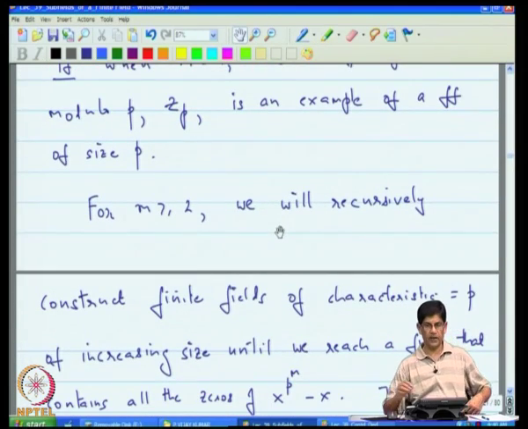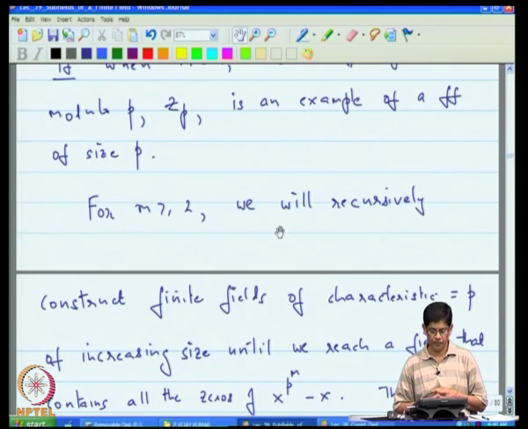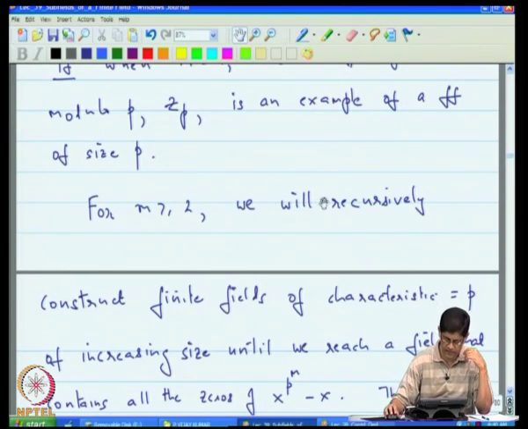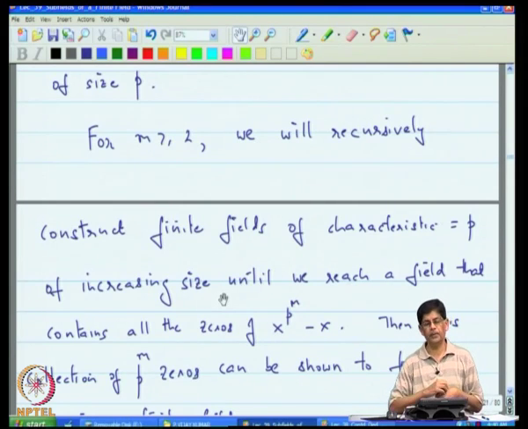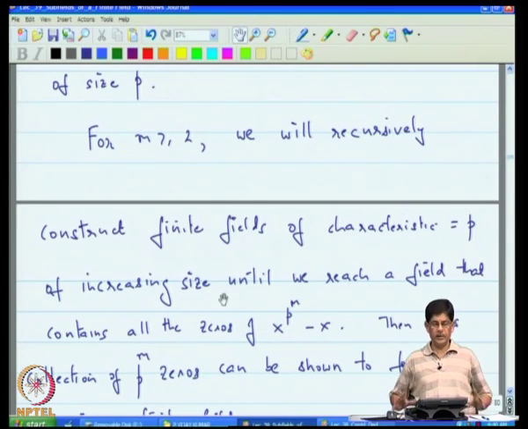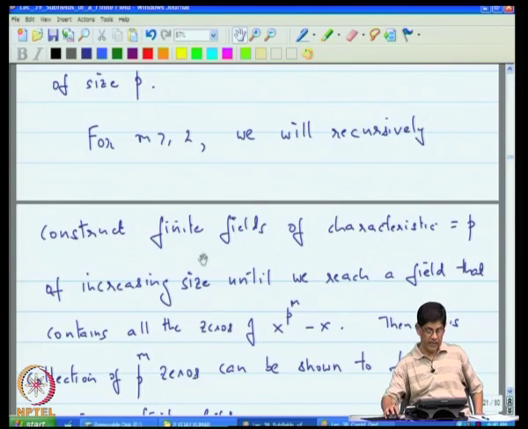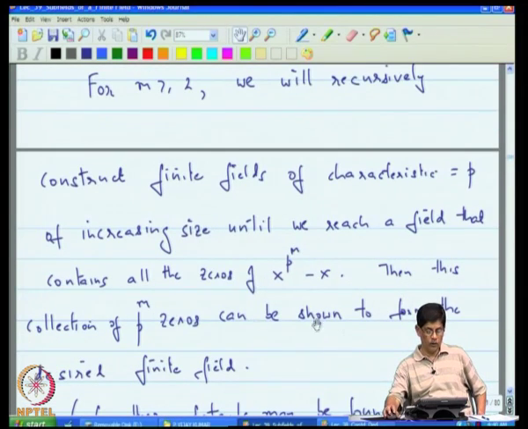So, how do you construct finite fields of size p to the m when m is greater than or equal to 2? What we will do in this case is recursively construct finite fields of characteristic p of increasing size. Okay, so, we start with a finite field Z_p of characteristic p, and you keep building on it until we reach a finite field that contains all the zeros of this particular polynomial.